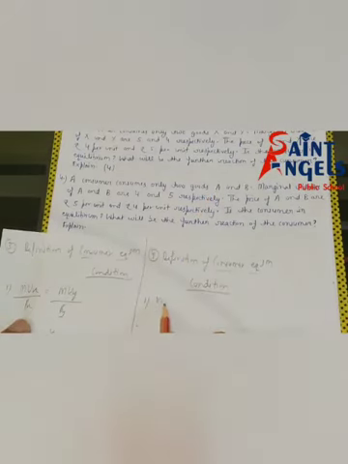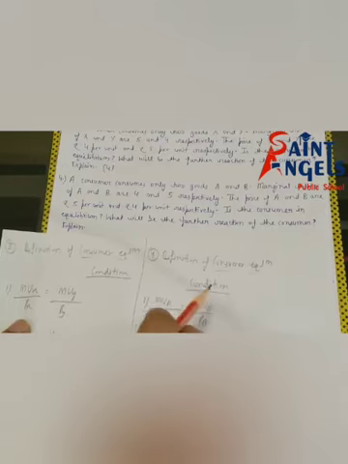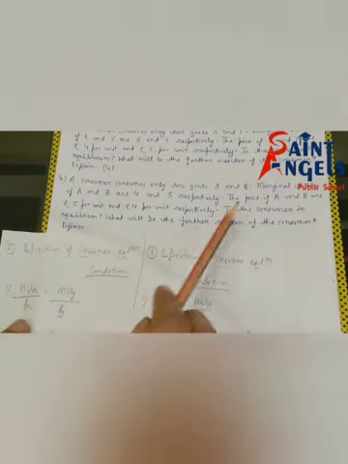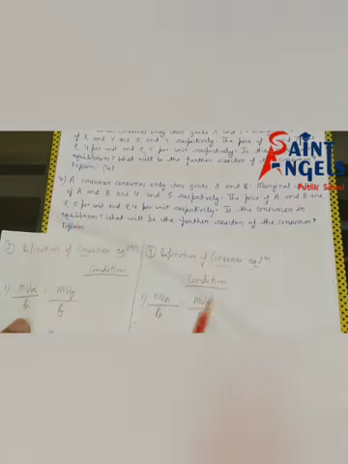Now I will take here MUA upon PA is equal to MUB upon PB. Marginal utilities of good A and good B are 4 and 5.